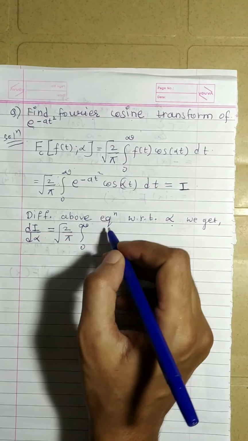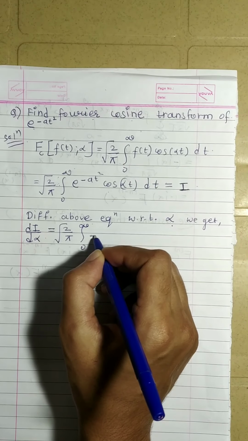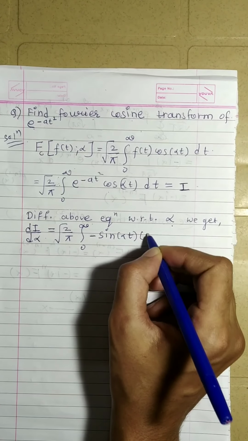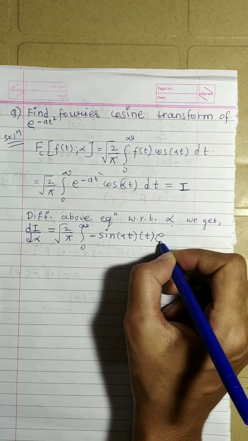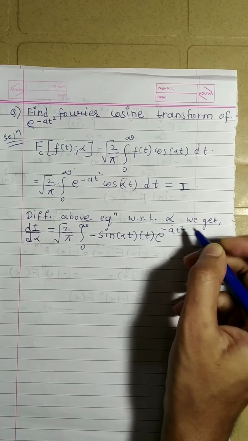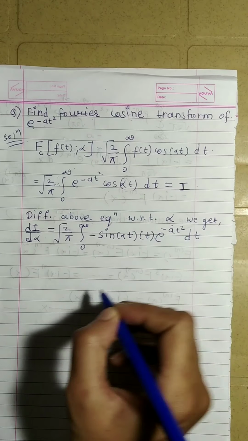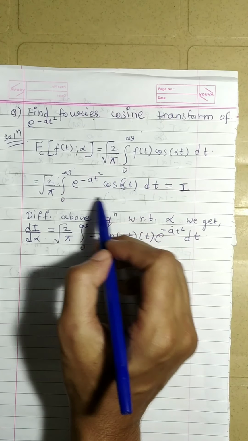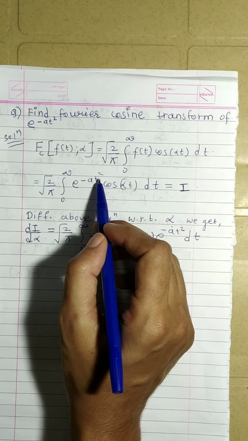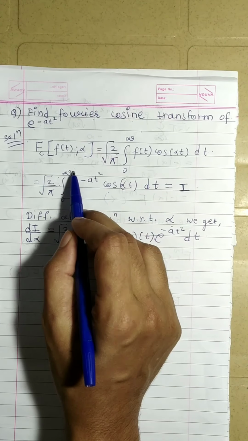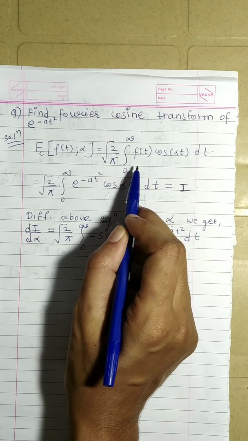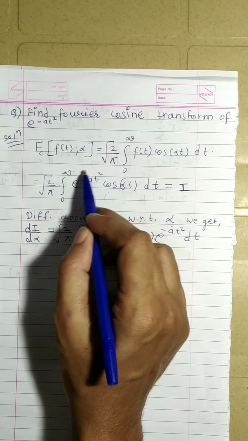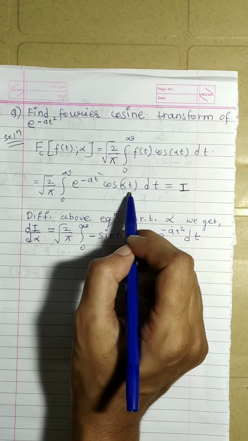That will become minus sine alpha t into t into e raised to minus a t square dt, plus, by using the Leibniz rule, in this function wherever there is t, we have to put infinity, substitute the upper limit into the derivative of the upper limit, minus, in this function substitute the lower limit.